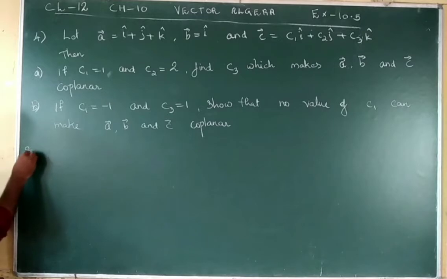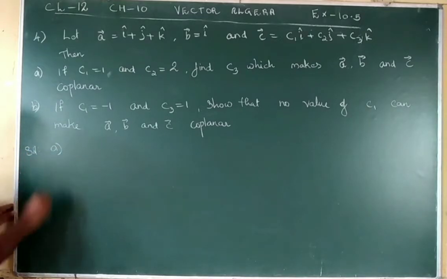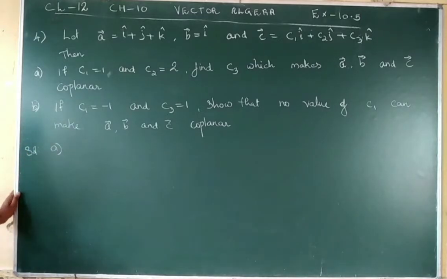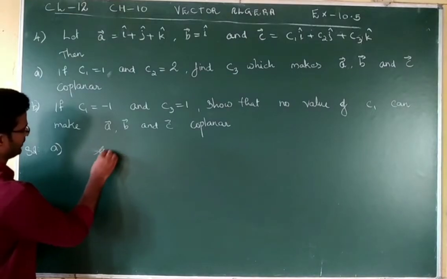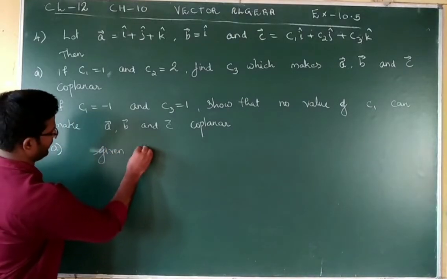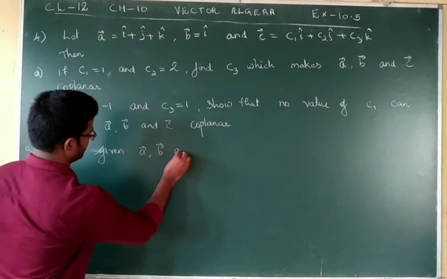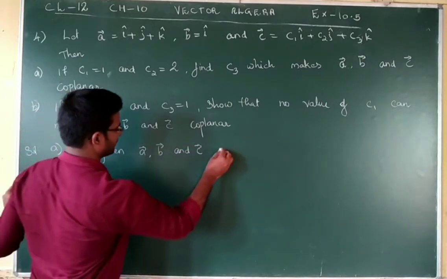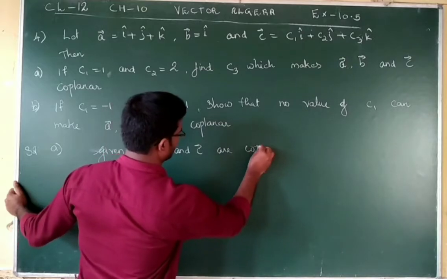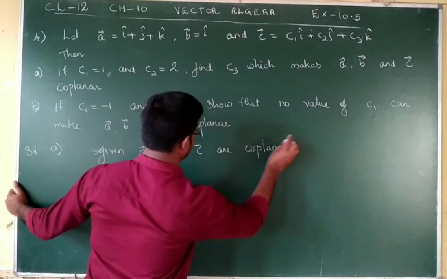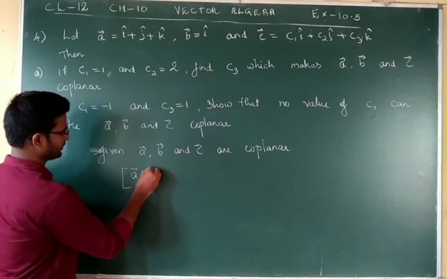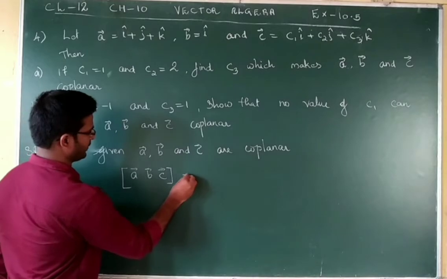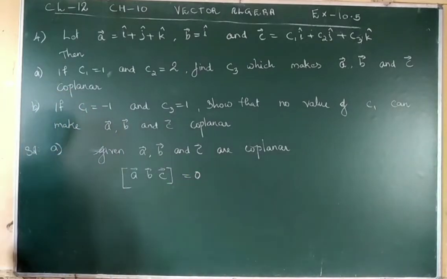First we can see question number A. They already gave that A vector, B vector, C vector are coplanar. You can write, given A vector, B vector and C vector are coplanar. That means when you take the scalar triple product, we will get answer 0, isn't it?